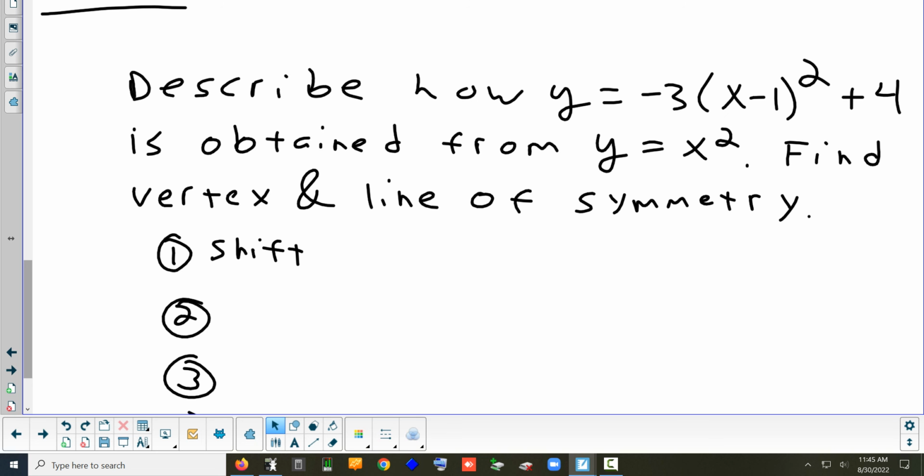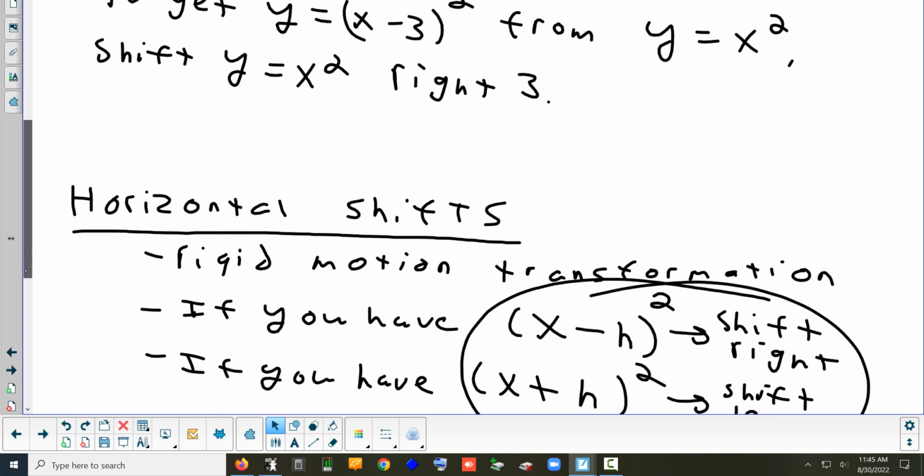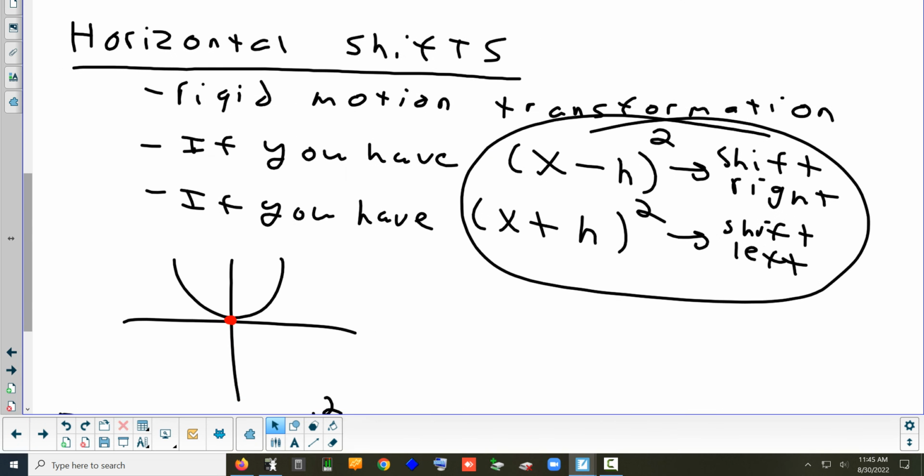left 1. It is a shift, and it is 1 unit, but it's to the right. So remember, whenever you have x minus, that's going to be a shift right. X minus always moves right. X plus would be left.